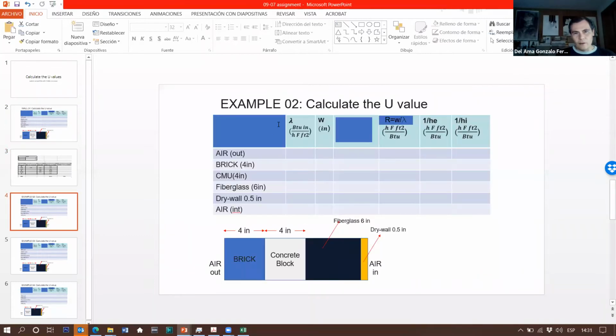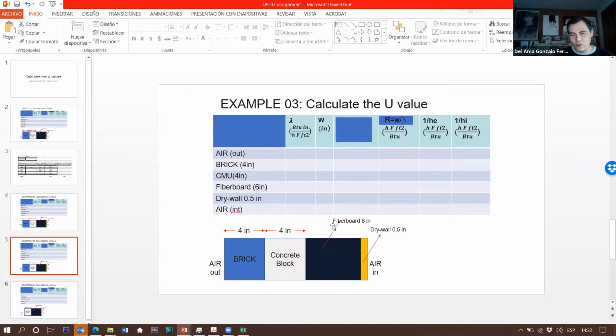Then you have to complete wall 2. If you see, it's the same. We have a 4-inch brick, a 4-inch concrete block. The thermal insulation is different. We don't have extruded polystyrene, we have fiberglass. The drywall is the same. Example 3 is the same, but with fiberboard.